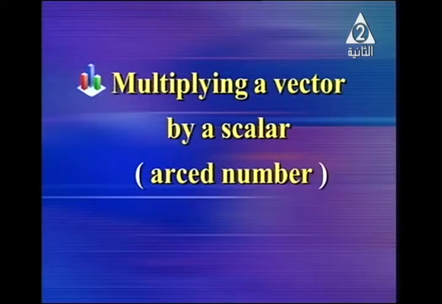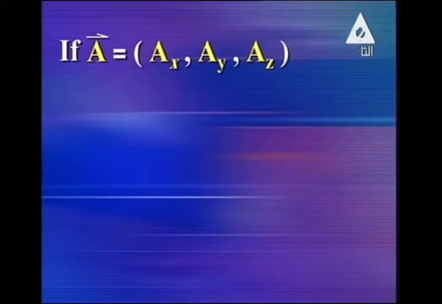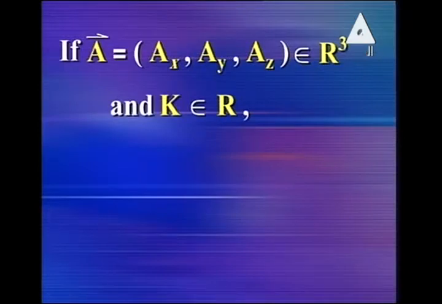Now we move to multiplying a vector by a scalar number. If you have a vector AX, AY, AZ belonging to R3 or space and K belongs to R. What is R? Real numbers.